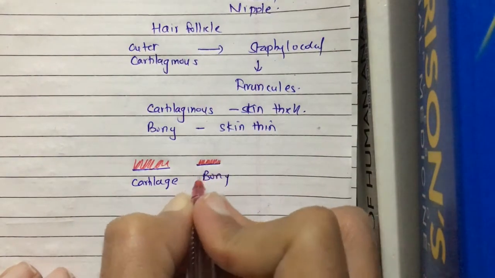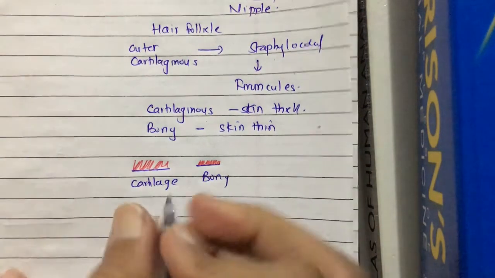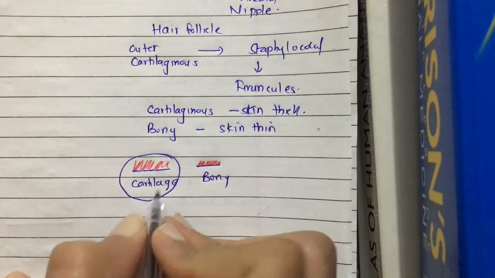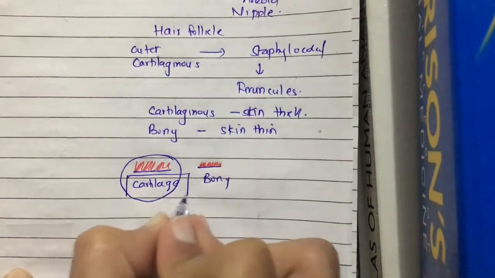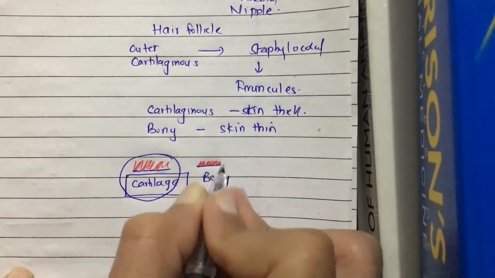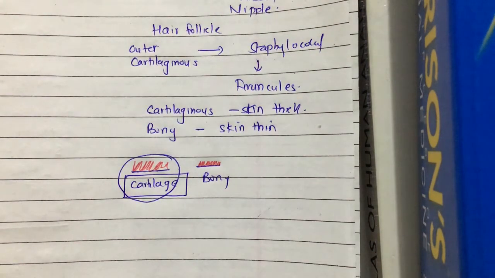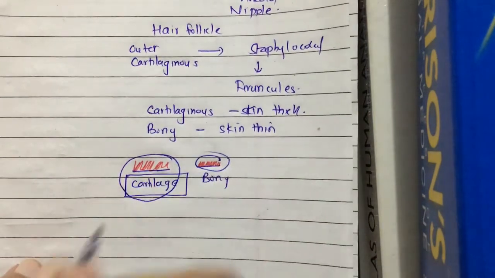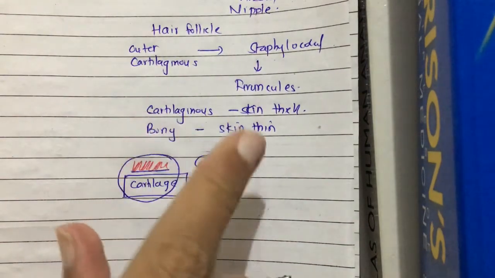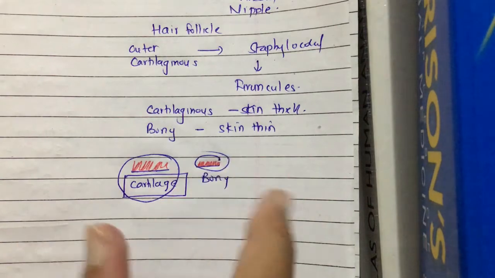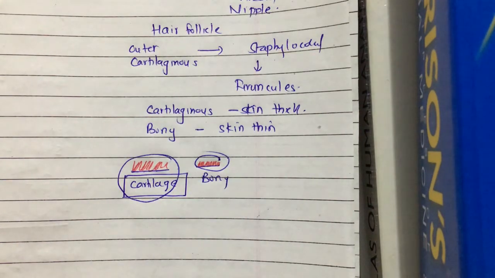The skin is thick to compensate for the weaker cartilage, and in the inner part the bone is already strong, so the skin is thin.